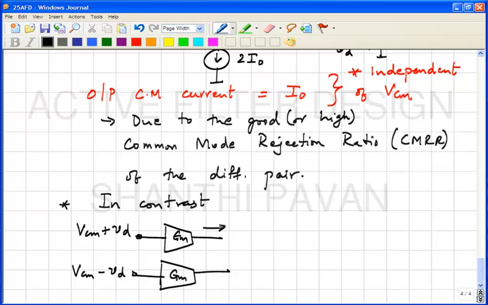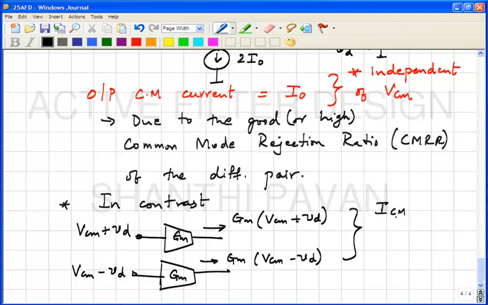What is this current? GM times VCM plus VD, this is GM times VCM minus VD, correct? So what is the common mode current? It is GM times VCM, right? Please note that as far as differential operation is concerned, both of them are the same.